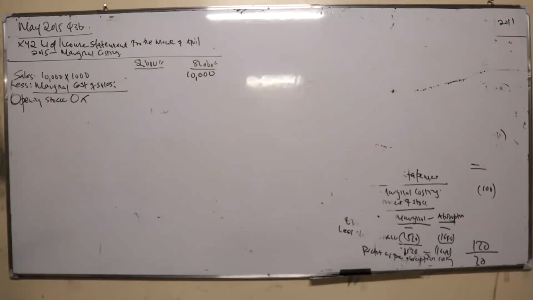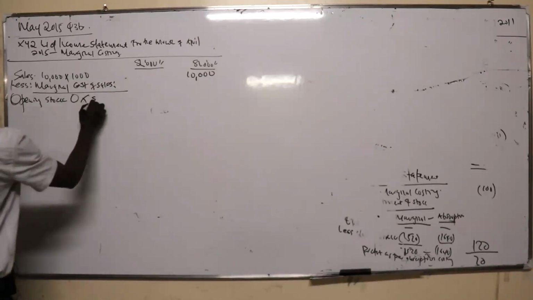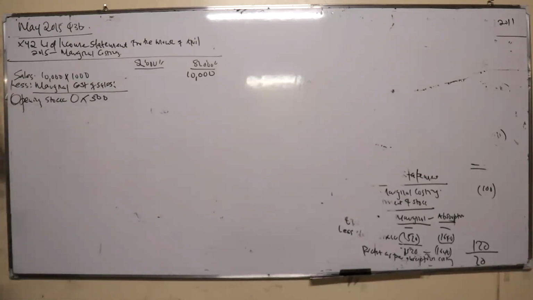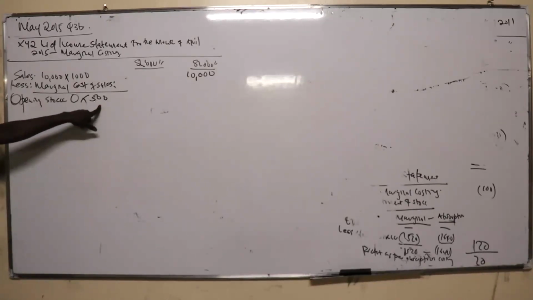So it is 500 per unit. What is 500? This is the variable production cost, which is composed of material cost, labor cost, and variable production cost per unit.